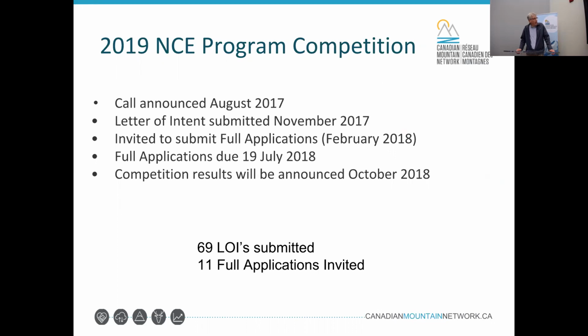It was only in August that there was a formal announcement for this competition. We submitted a letter of intent in November, and just under 2 weeks ago, we learned that we were successful in that process. The full applications are due on the 19th of July, and the competition results will be announced in October.